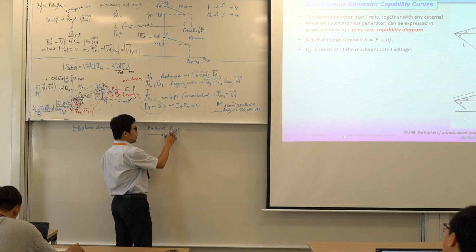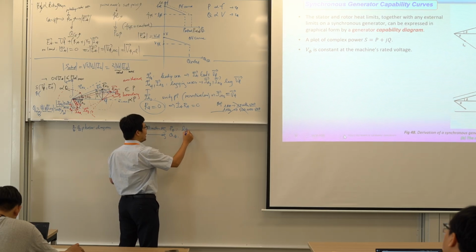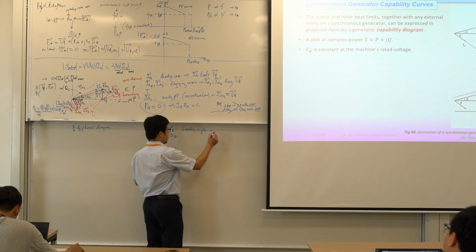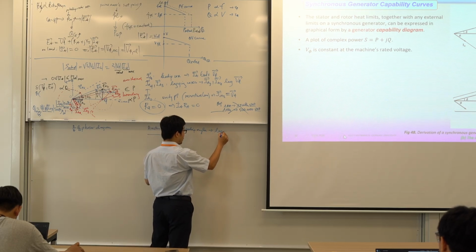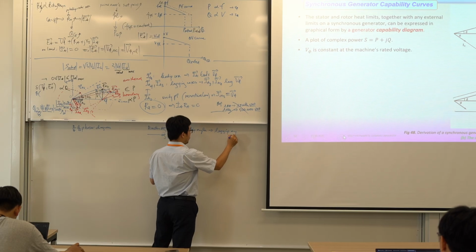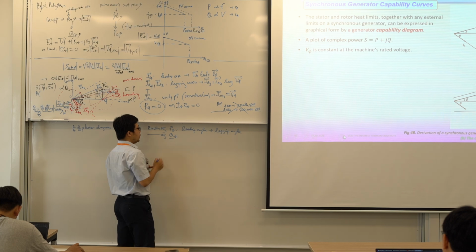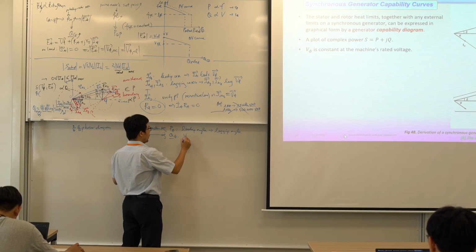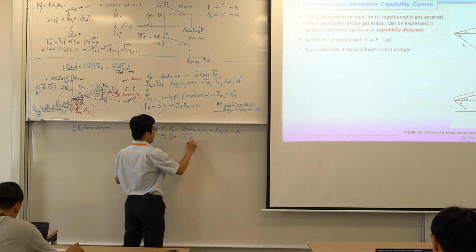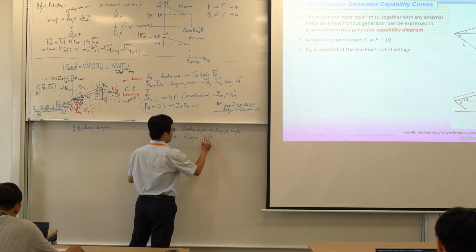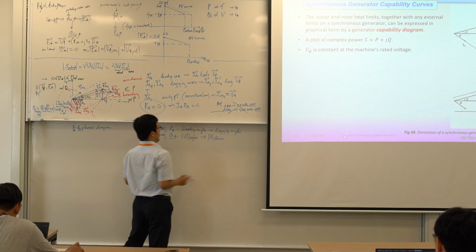PG is flowing from the leading angle to the lagging angle, and QG is flowing from the higher voltage to the lower voltage.